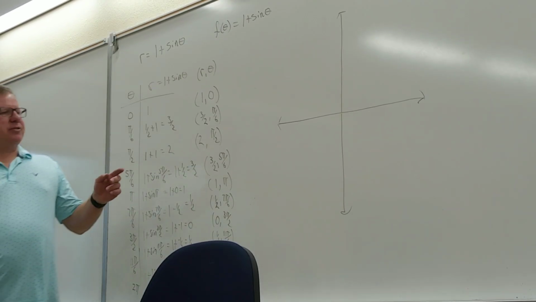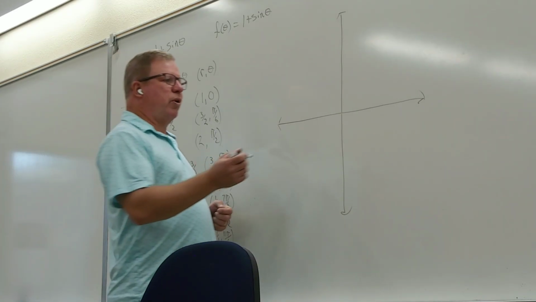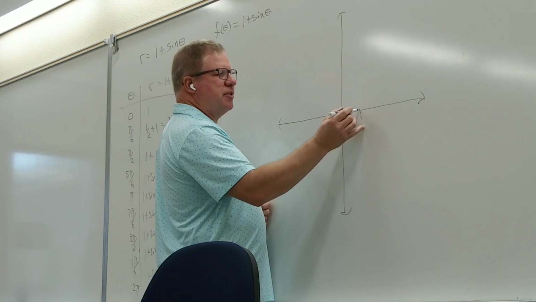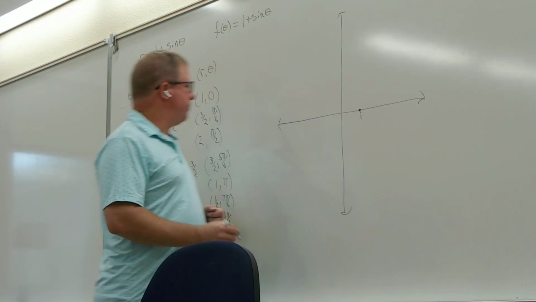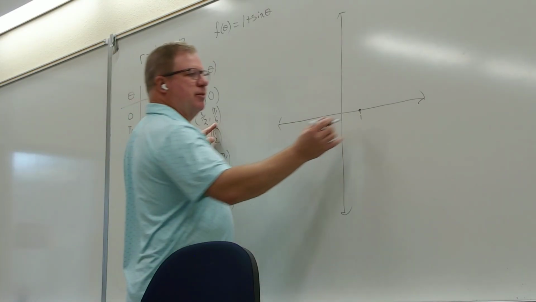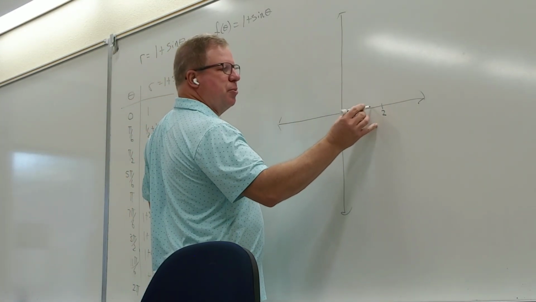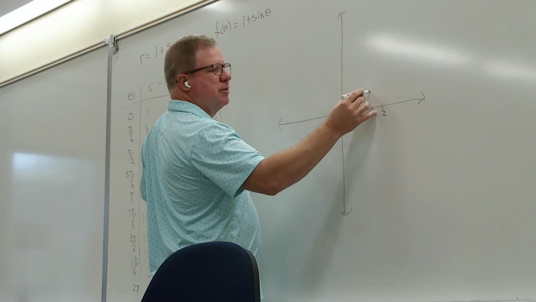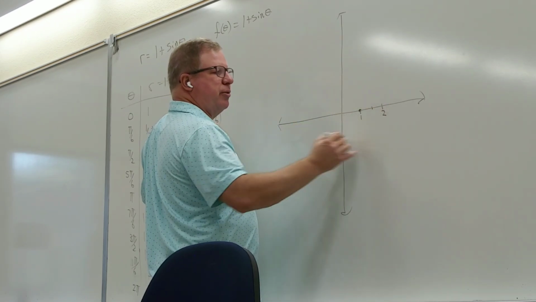All right, this is r theta, so these are not xy coordinates. 1, 0 means we go out 1, rotate 0. There's a point right there. 3/2, pi over 6. There's 2, so 3/2 is halfway. Rotate pi over 6. It'll be on the circle that goes through there.